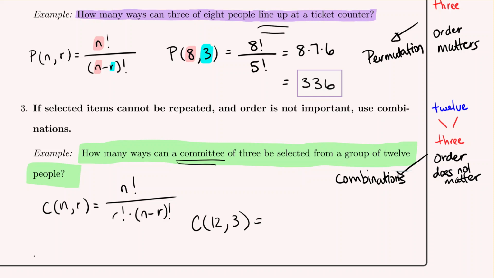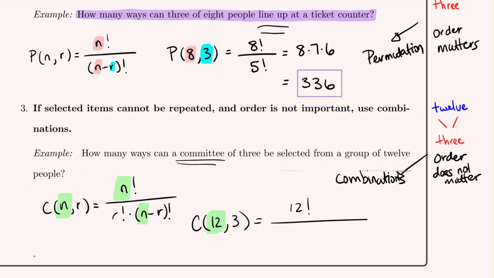And our formula says you take the factorial over 3 factorial times 12 minus 3 factorial. Now this would be 12 factorial over 3 factorial times 9 factorial.